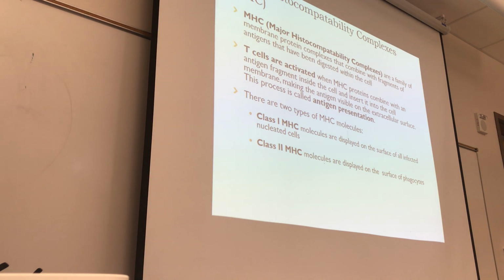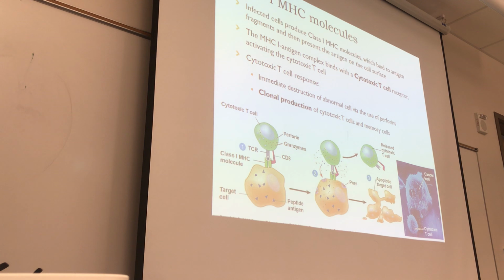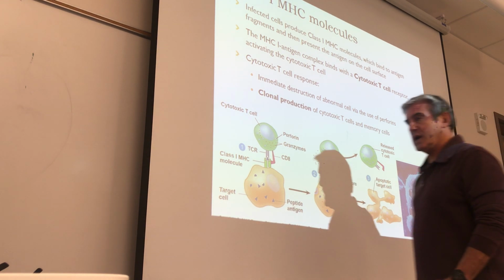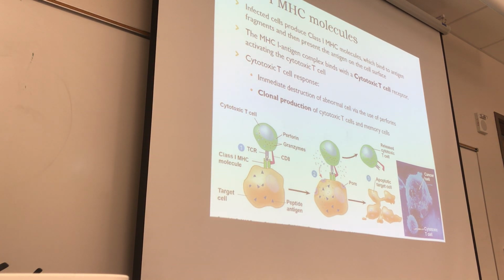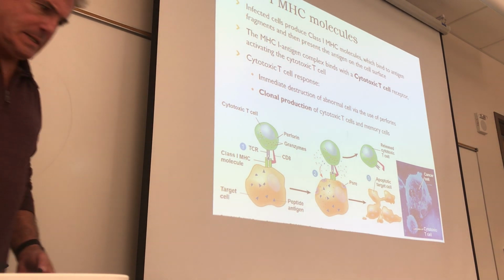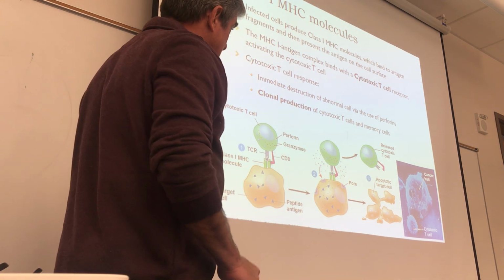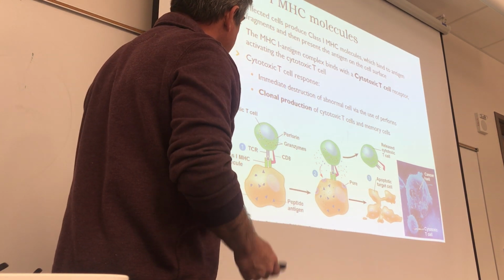There are two types of MHCs, class 1 and class 2. And you shall know them. Okay? So, class 1, pay attention. What you're going to have to provide me on a test is what cells are involved and what the final result is after interaction.